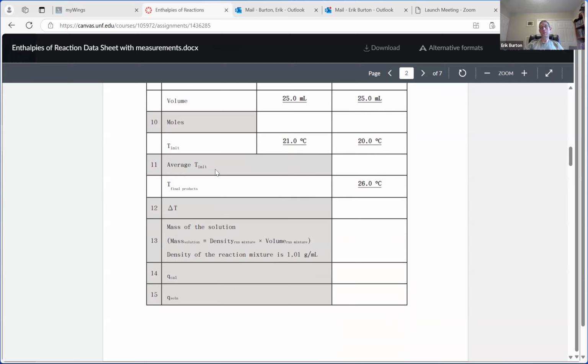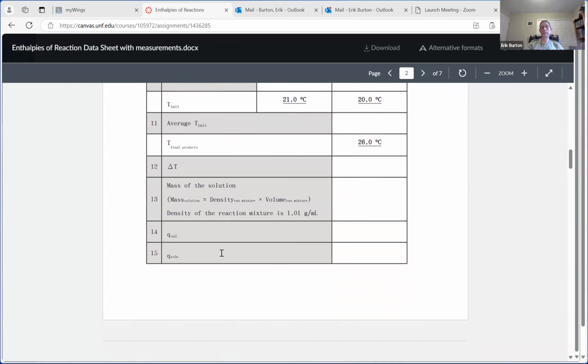They want you to put the average temperature. So take the average of those two numbers. And then the temperature final, after they mixed them together, the temperature was 26 degrees. So calculate your delta T. Subtract the average T here from the final T and get your delta T.